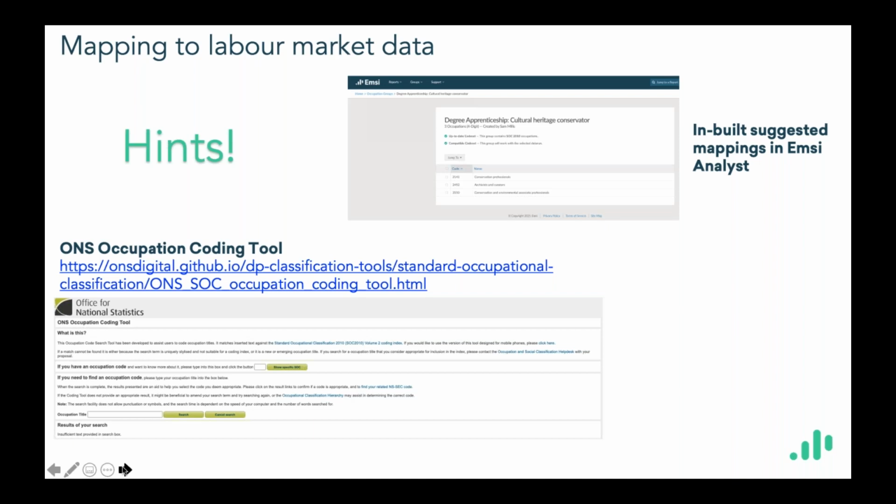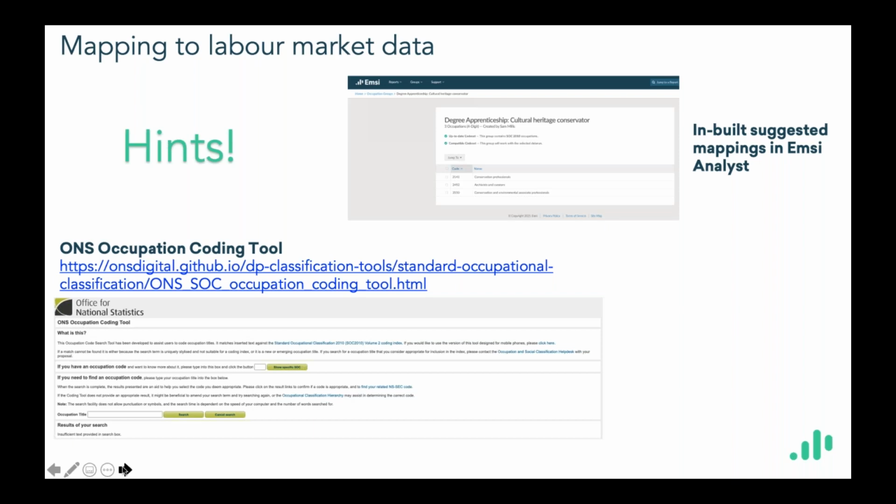If you're not an analyst user, or you are, but it's a newly released standard that we haven't mapped yet, then what you can do is take the job title outcomes described in the standard, then enter them into this really handy SOC lookup tool that the ONS have put online. So what you basically put in your job title, it will do an intelligent search and then give you a list of 4-digit SOC code outputs.